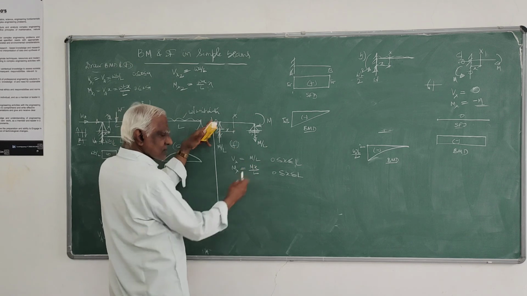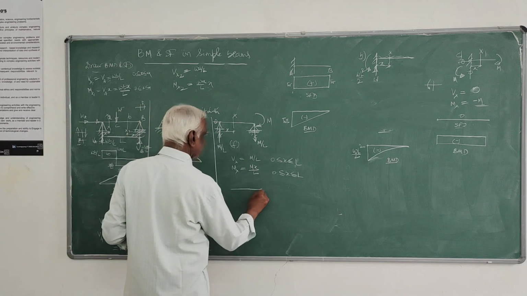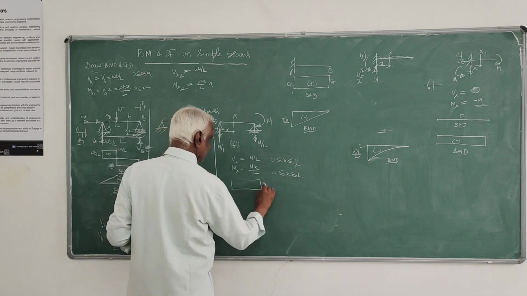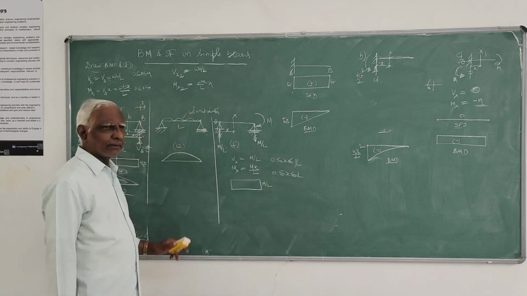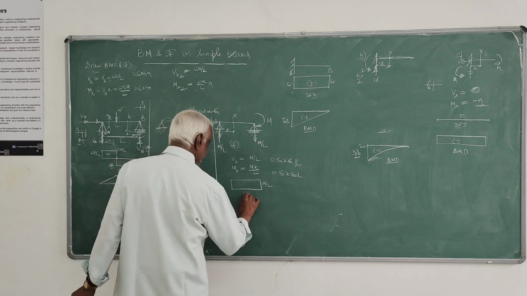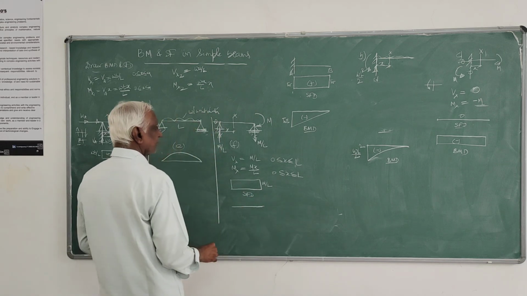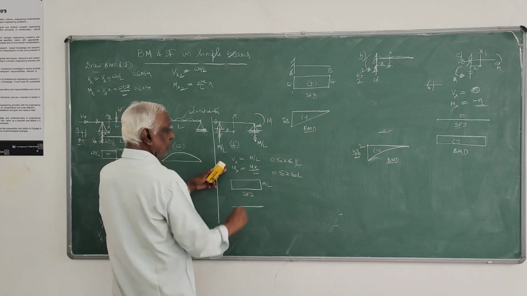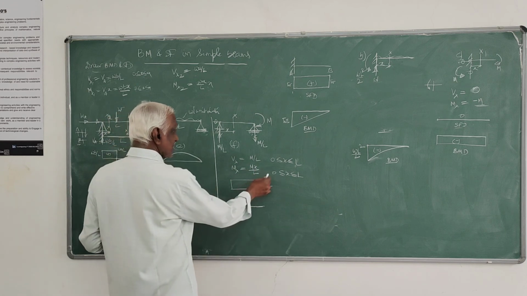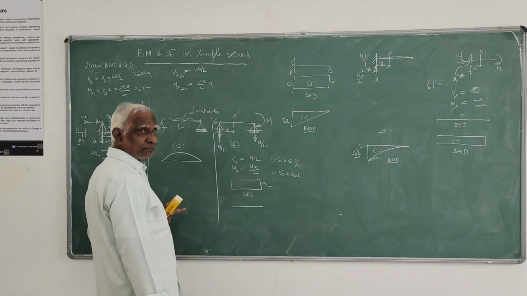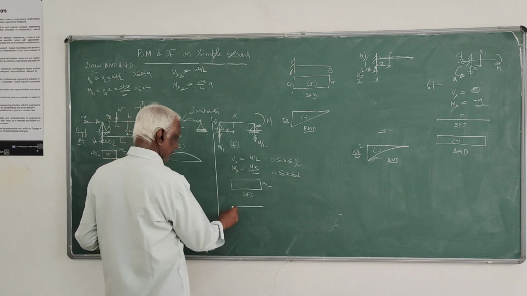When x equals L also, M by L. So the shear force diagram is this M by L. This is SFD. And bending moment diagram, here when x equals 0, it is 0. When x is equal to L, it is 0. It is M positive, right?